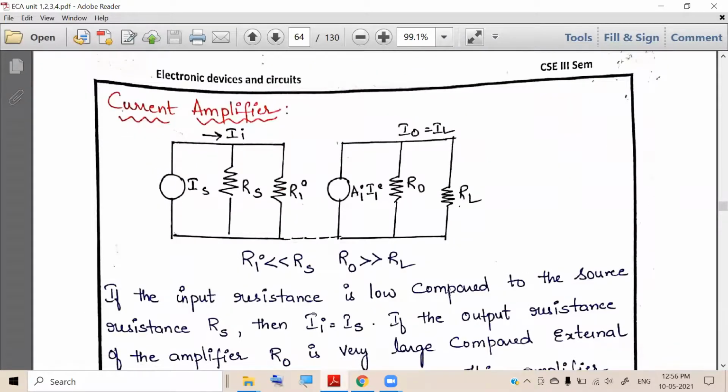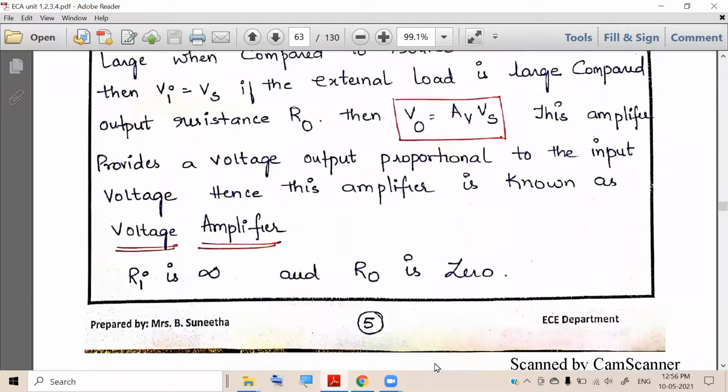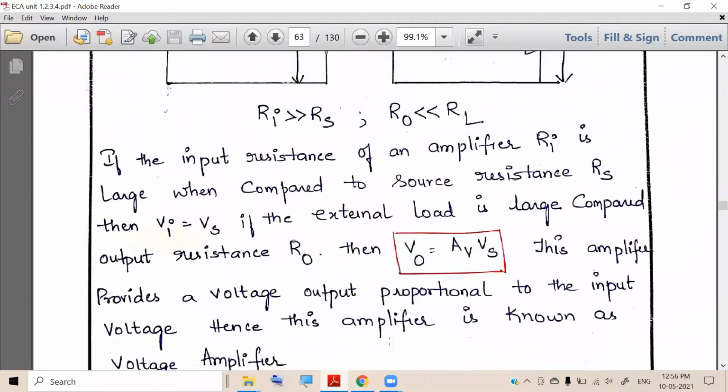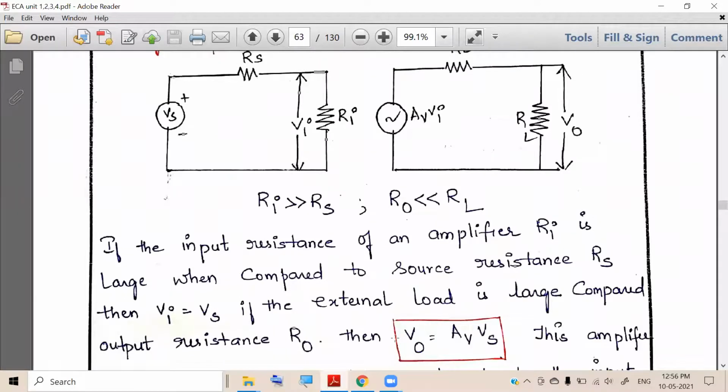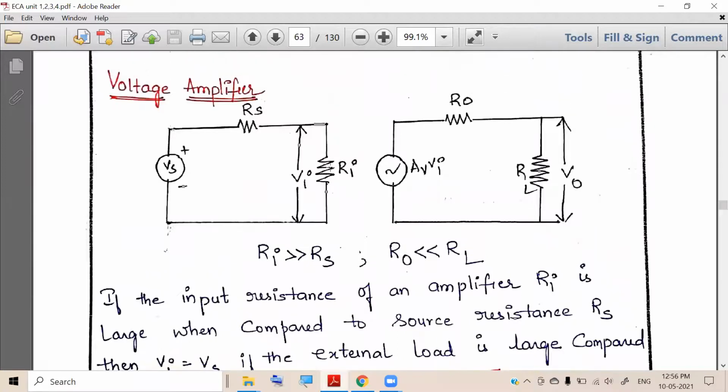Next, current amplifier. Here, what we will do is source transformation, on the same circuit. What is source transformation?